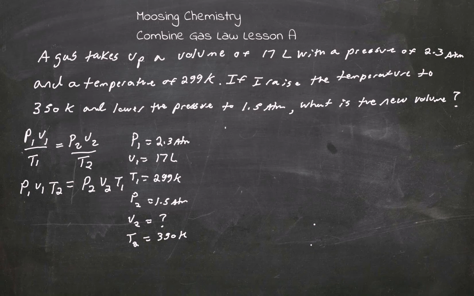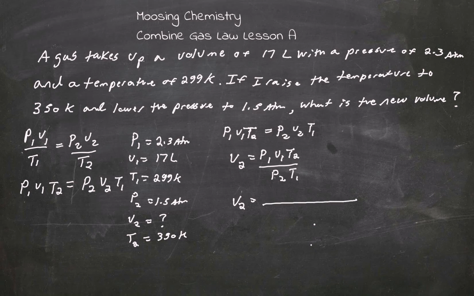So now we're going to take P1 V1 T2 equals P2 V2 T1. We're going to want to isolate for V2. V2 equals P1 V1 T2 over P2 T1. So let's plug in our known values.